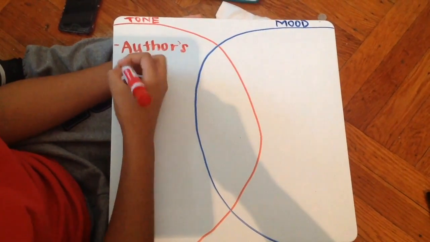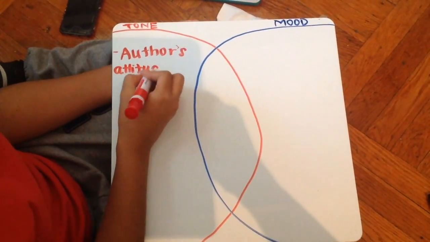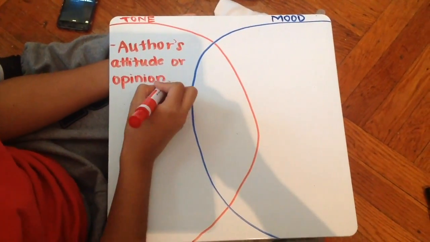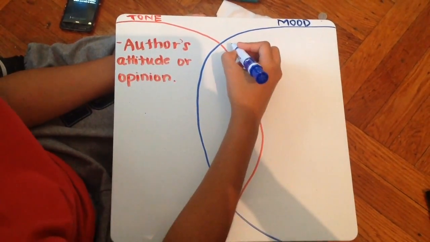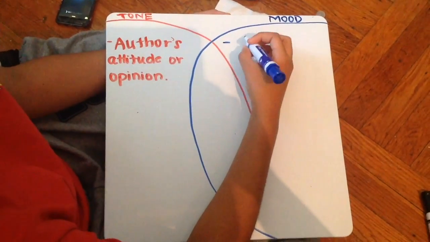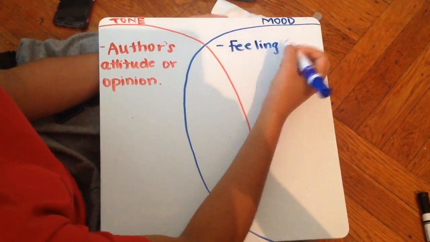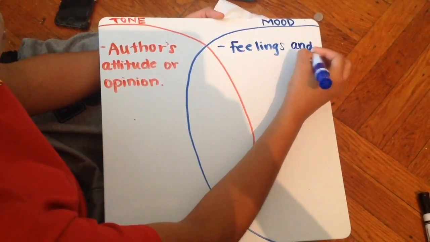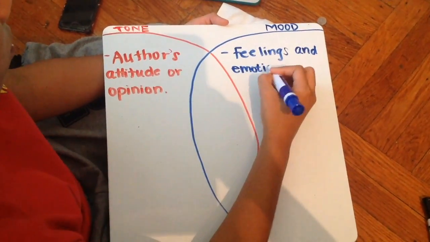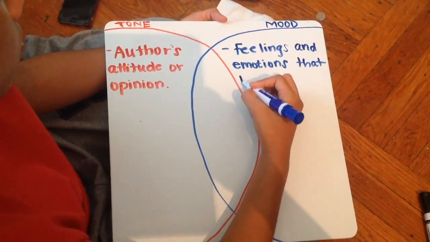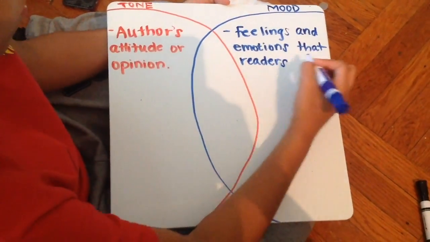Always remember that tone is the author's attitude or opinion, while mood can be defined as the feelings and emotions that readers get from writings.